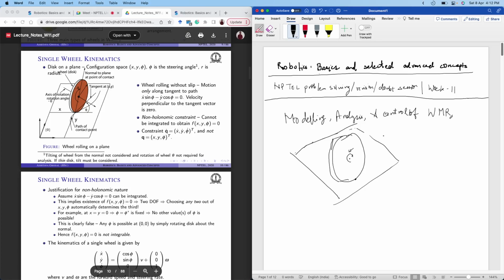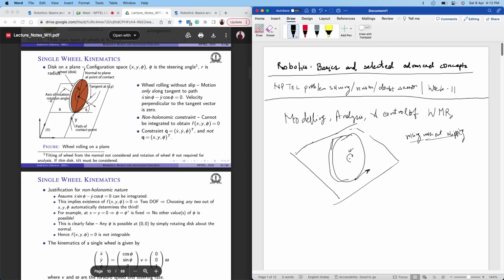So it is rolling without slipping. This is the first case, that it is rolling without slipping, and the second constraint is, so this is the constraint in this direction for now.